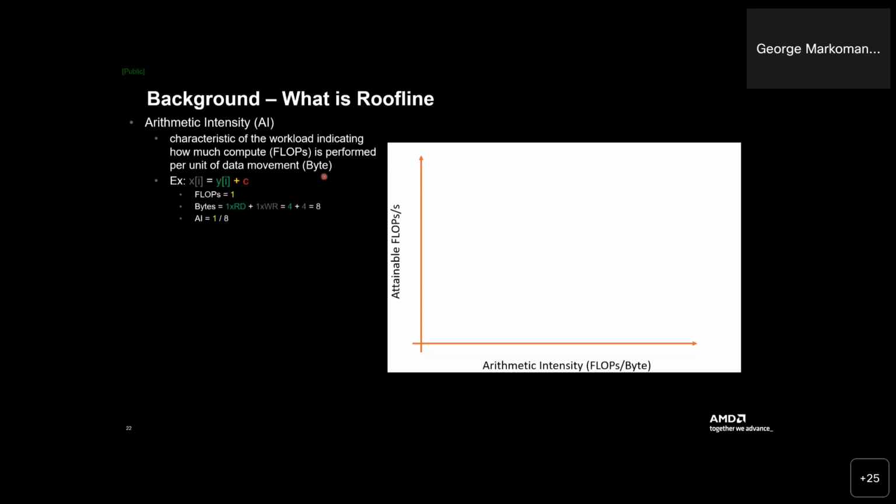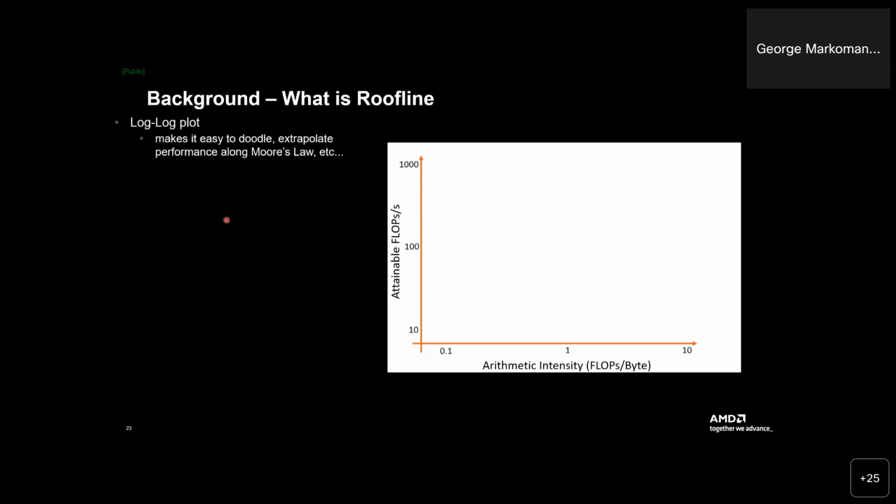And the bytes are one read and one write, which in this case is 4 plus 4 equals 8. So arithmetic intensity is flops per byte, so it's 1 divided by 8 in this case.